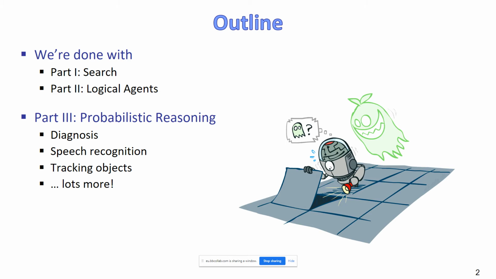And then in the second part, we covered logical agents, where we assume that we have a knowledge base written in either propositional logic or first order logic, and we saw some inference algorithms in both cases, like resolution in propositional logic and generalized modus ponens in first order logic. Now we'll switch to the third part, which is about probabilistic reasoning.